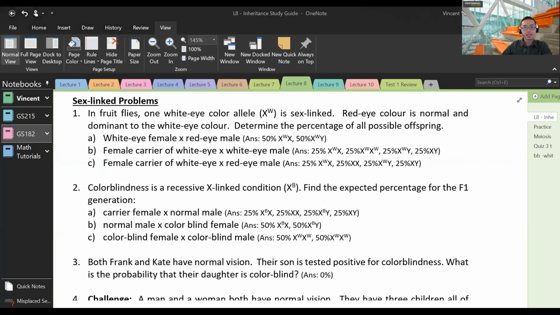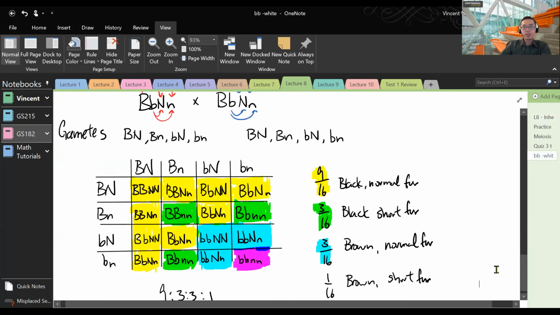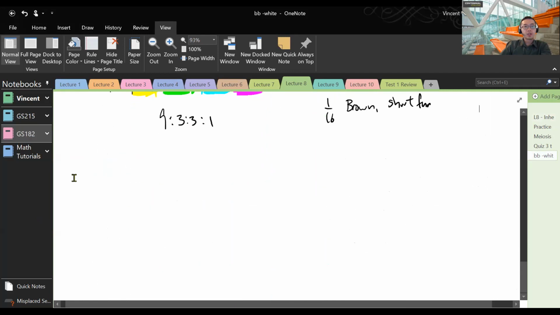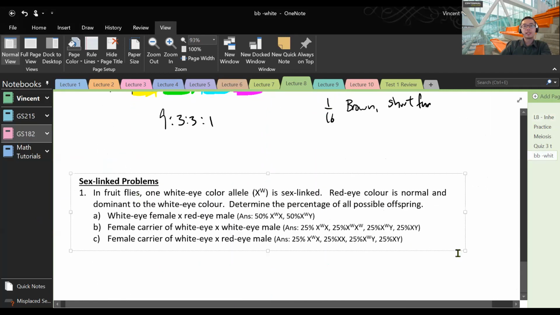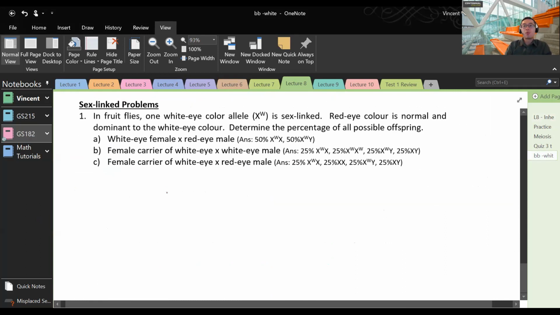So this is the sex-linked problem. When something is sex-linked, it means that the trait is passed on the sex chromosome as opposed to the autosomal chromosomes. There could be X-linked, which means it's passed on the X chromosome, or Y-linked.